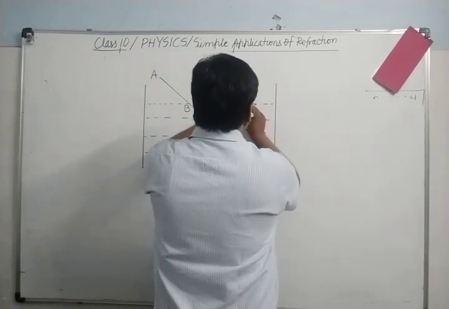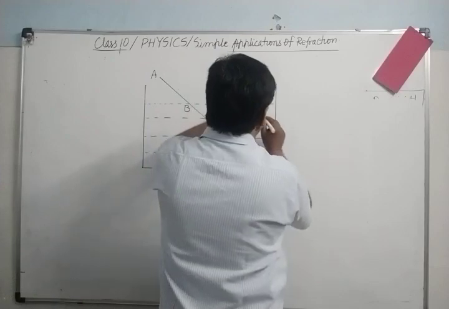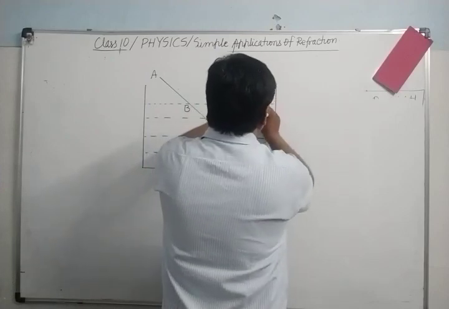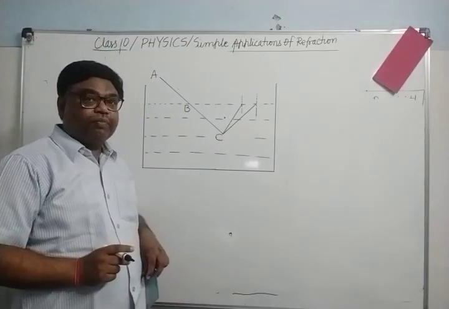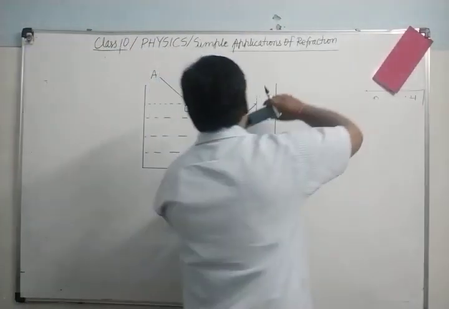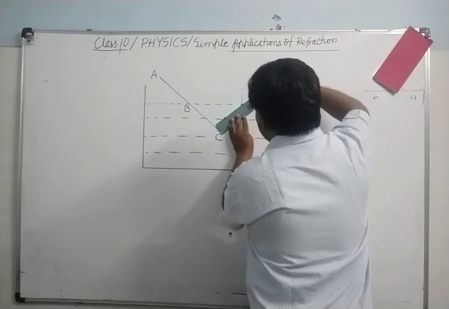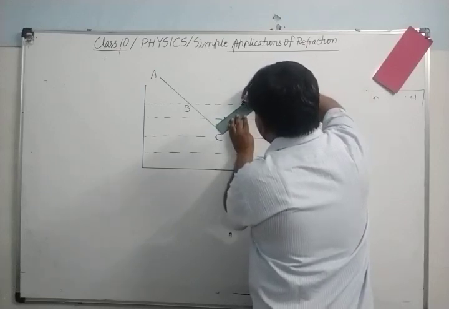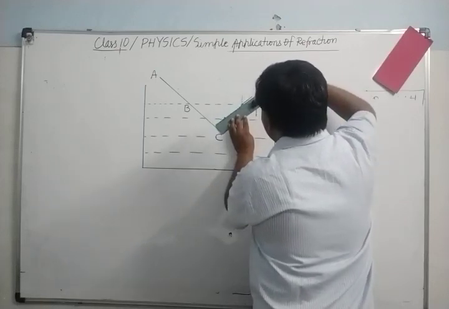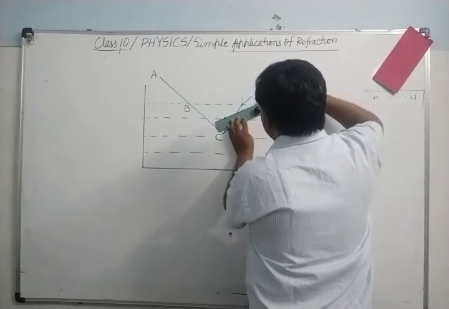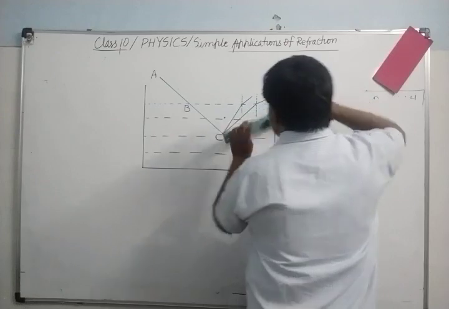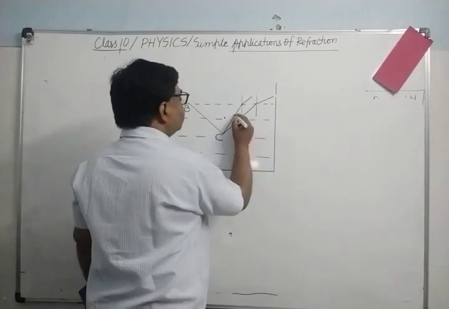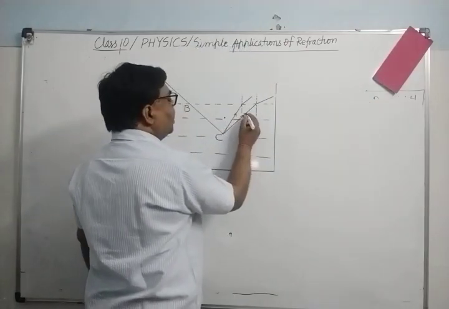Since they are moving from the denser to the rarer, from water to the air, they will bend away from the normal. So suppose this ray is going in this direction and this ray is going in this direction. They will bend away from the normal.